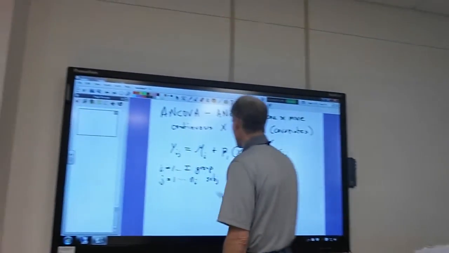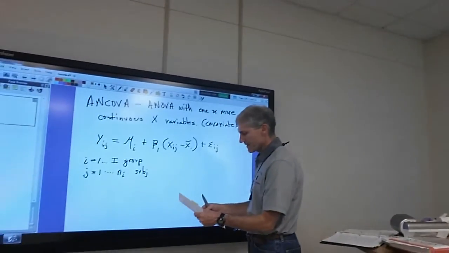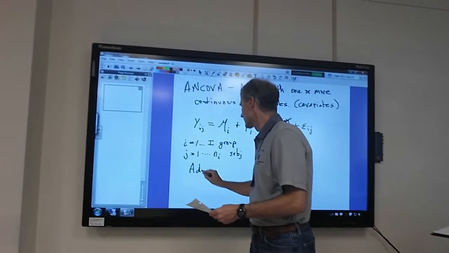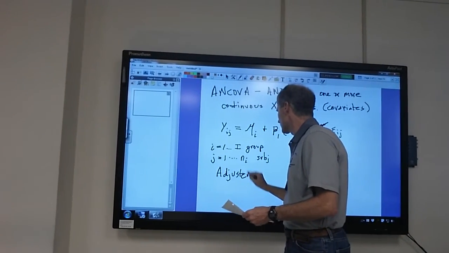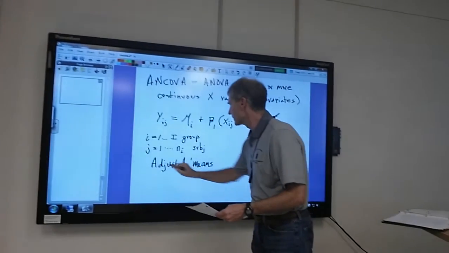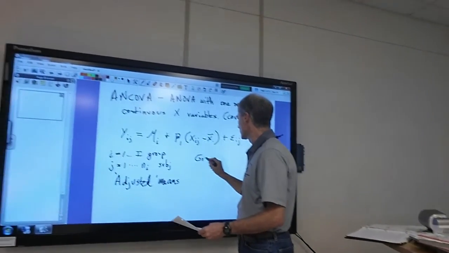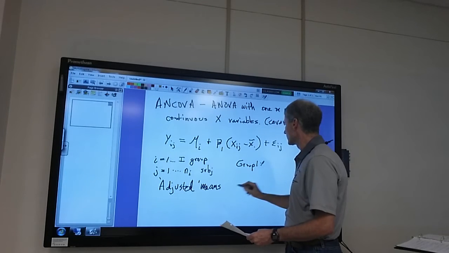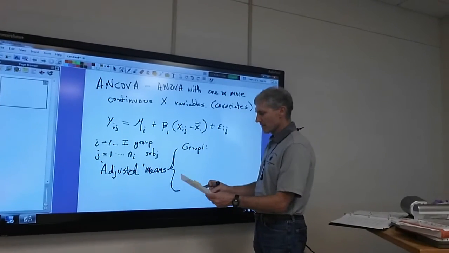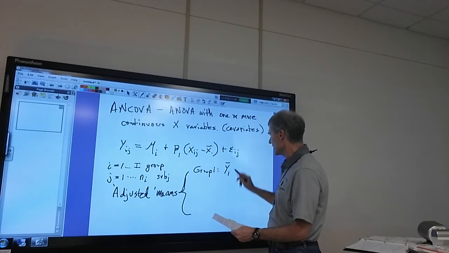Okay, so now let's see how we use this to do adjusted means. If they're in group 1, then their adjusted mean would be the mean of that group.